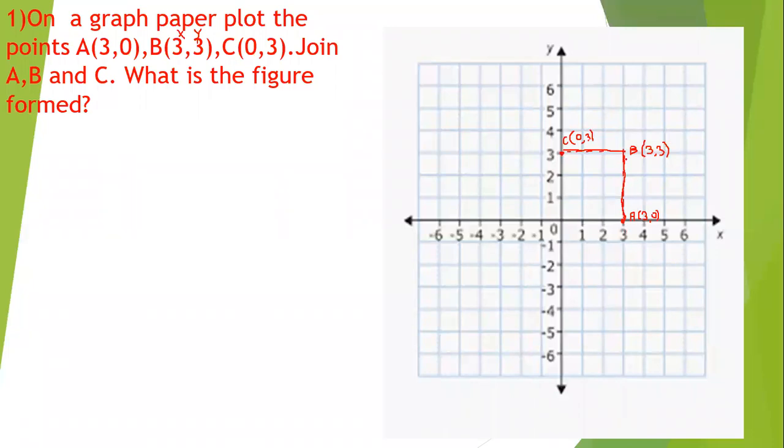Here it is, here it is, here it is, and here it is. All the sides are equal, right? So which figure has all the sides equal? It is a square, right? So in the answer, we will write square. A square has all the sides equal. So this figure is a square. Go to the sum.